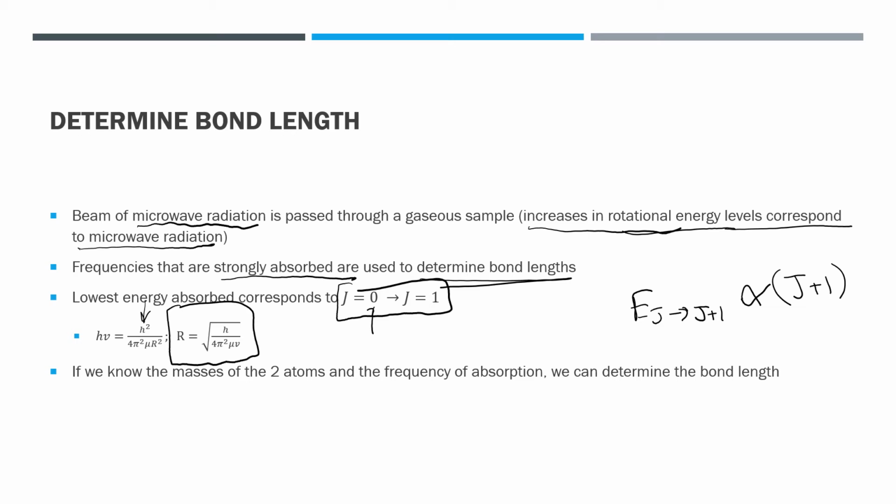This is one way to look at it, but if we know the masses of the two atoms, we can find the reduced mass, and if we know the frequency being absorbed, we can determine the bond length. Now we're going to look at a really cool problem that applies this idea of how we can use rotational spectroscopy to determine bond lengths.